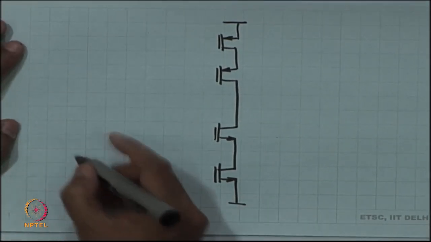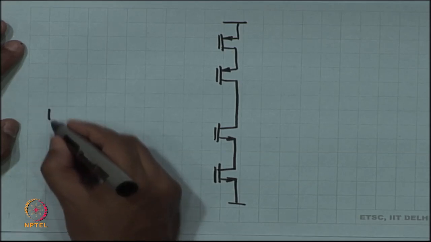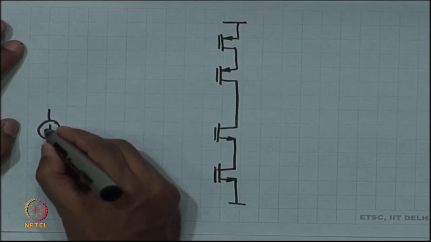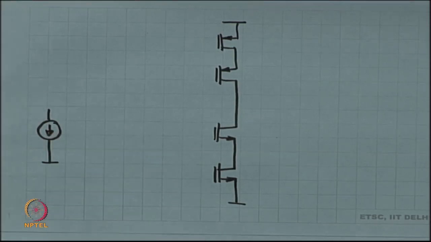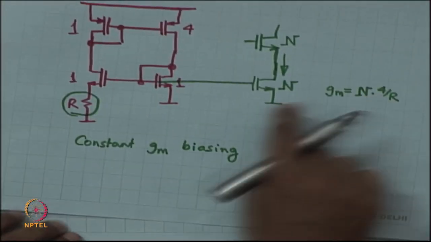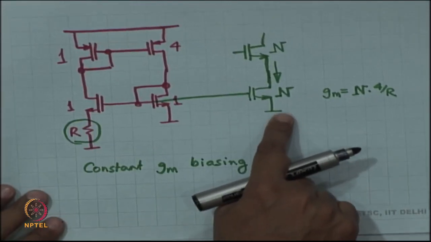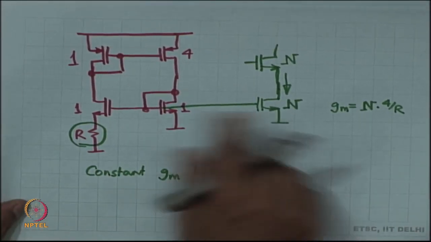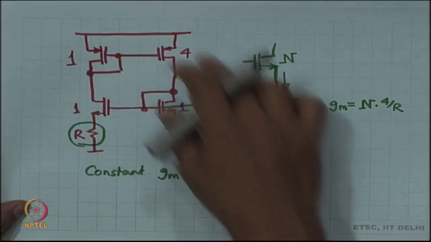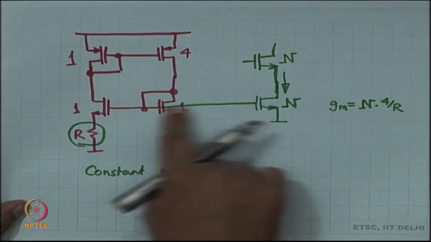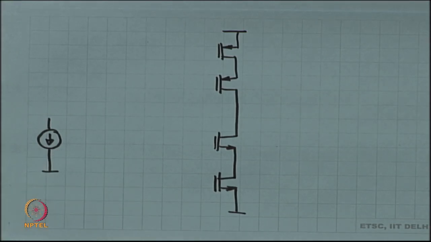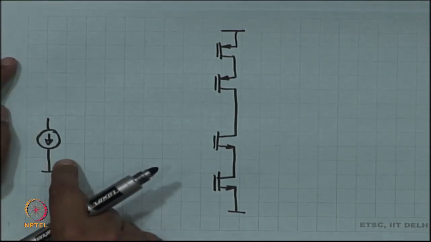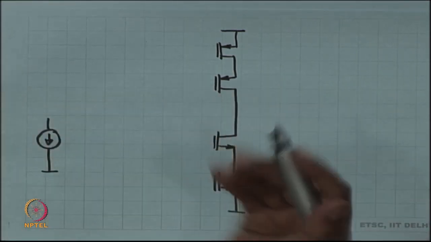The way I am going to do it is I am going to use a reference current source. What is this reference current source? This reference current source could be something like this transistor over here. Okay. I have got a constant GM biasing circuit and then the mirror coming out of that. So, that could be this reference current source potentially, okay. It could be something else.